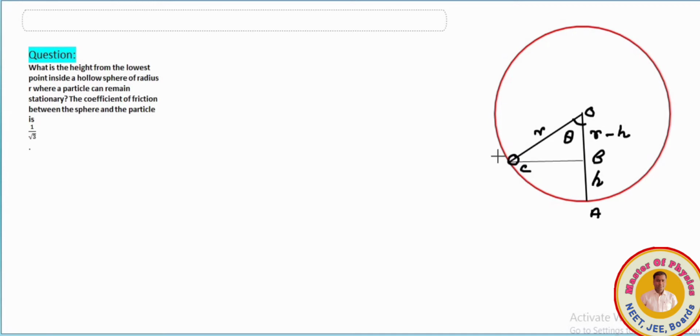The particle's weight mg acts vertically downward.